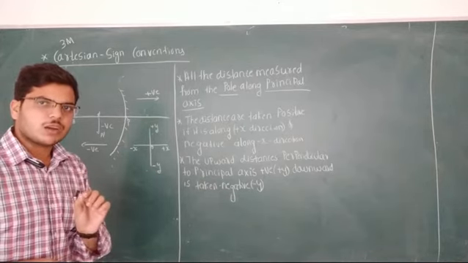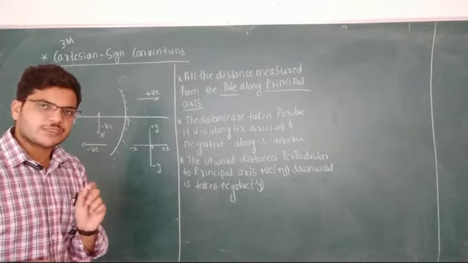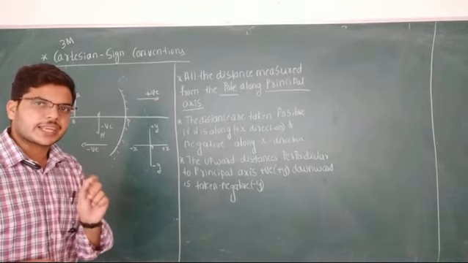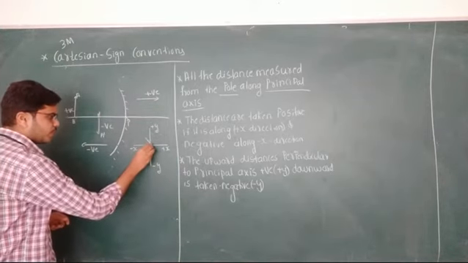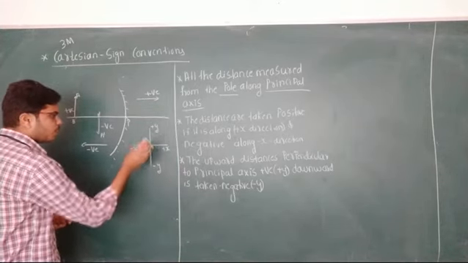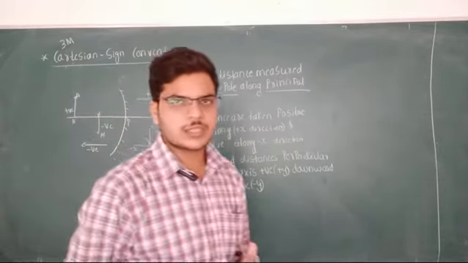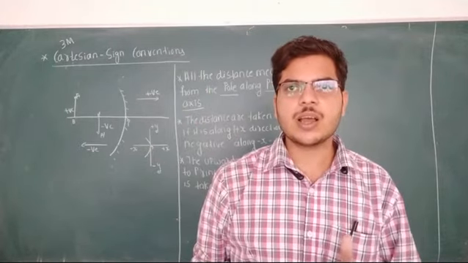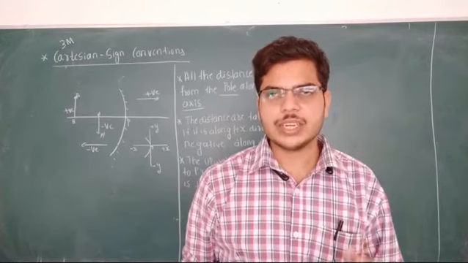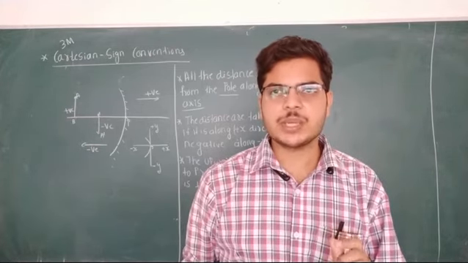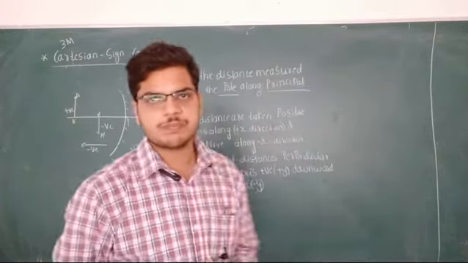From the pole, all the measurements must be done. Therefore, the pole is acting like the origin of the graph. Now I am putting the pole at the origin of the graph. Therefore, all the distances must be measured from the pole of the concave mirror, and all the distances must be measured along the principal axis. This is the first rule.